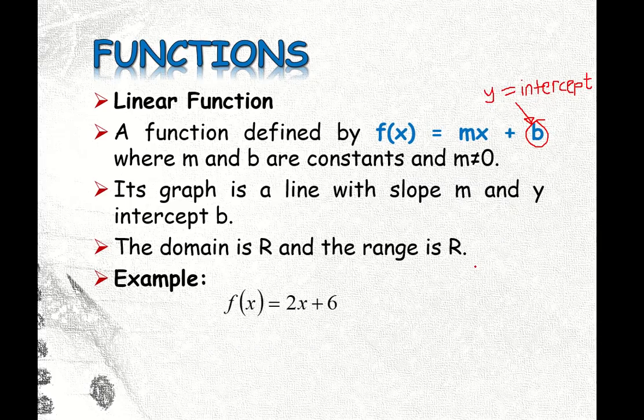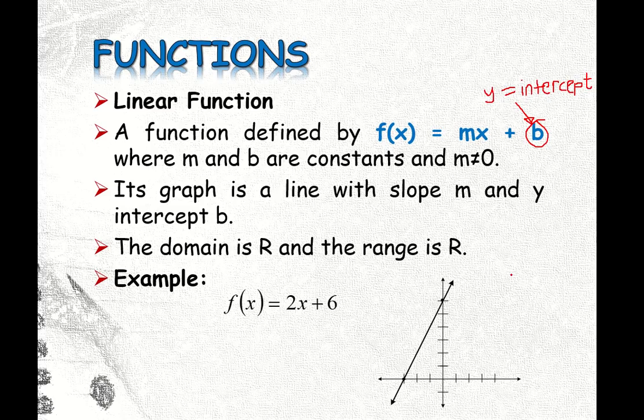So for example, if you have f of x equal to 2x plus 6, when you graph that, you will see this line. In sketching a graph which is a line, you need only 2 points.